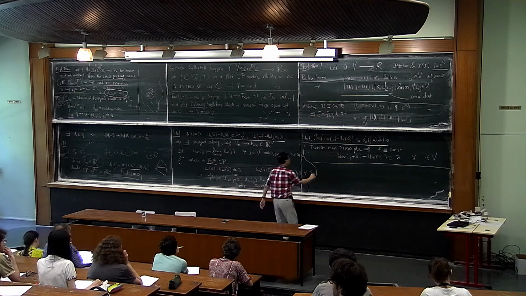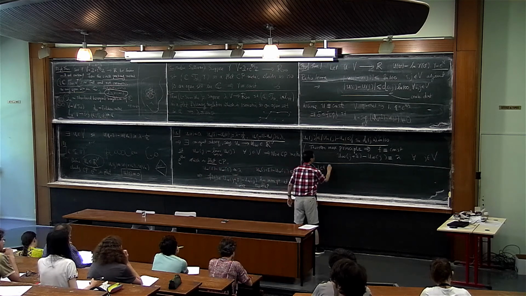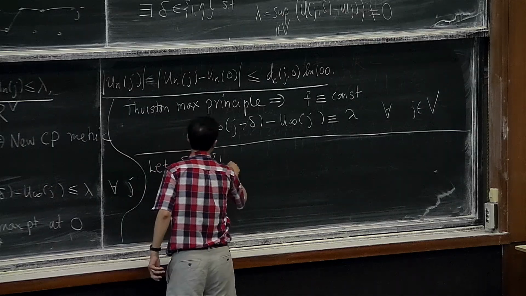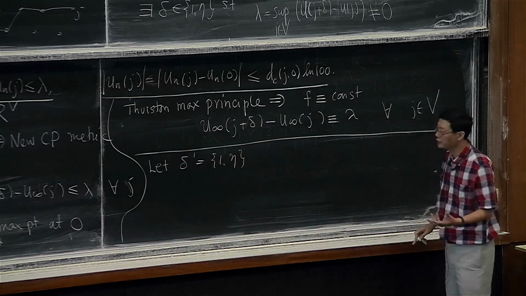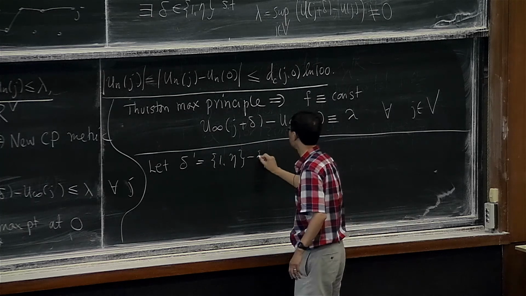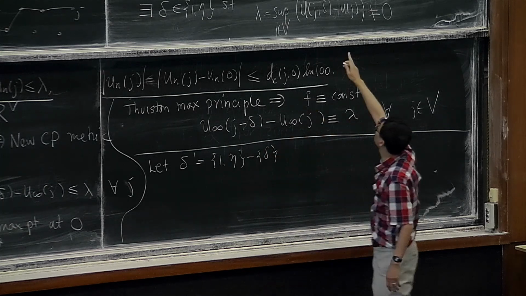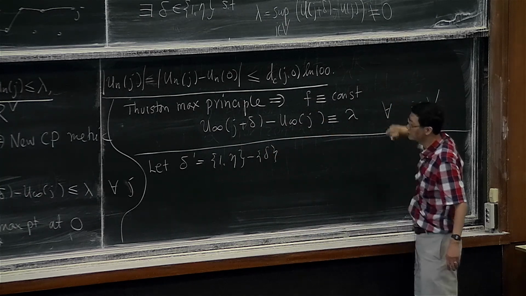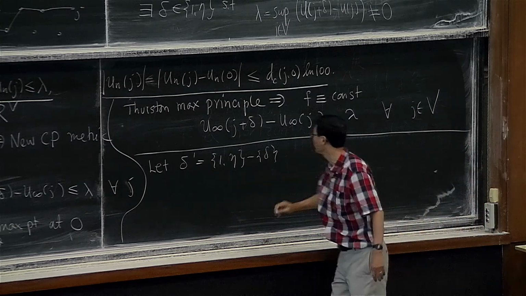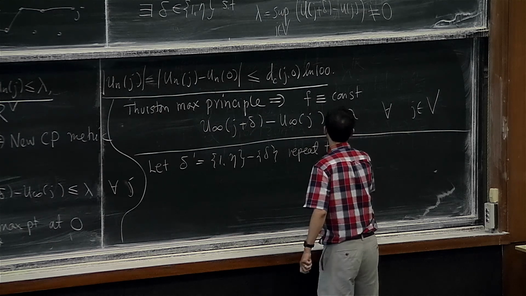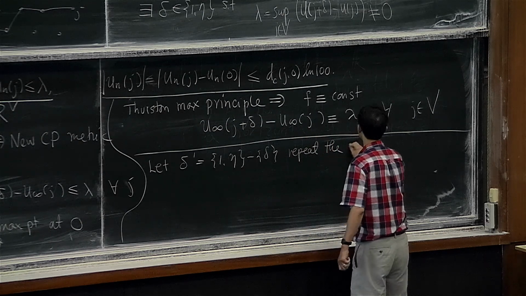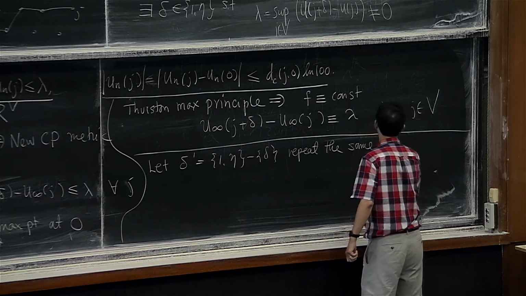Let delta prime be the remaining one. These two are the generators for the lattice, and we choose one of them, delta, so that the supremum is non-constant, and take the remaining one and repeat the same thing for this function.